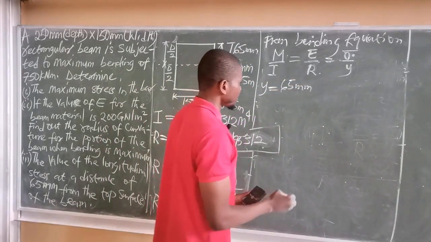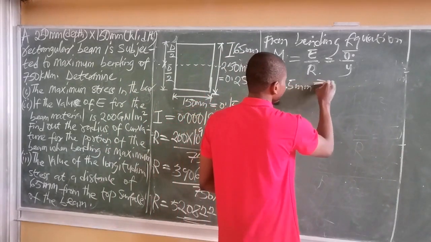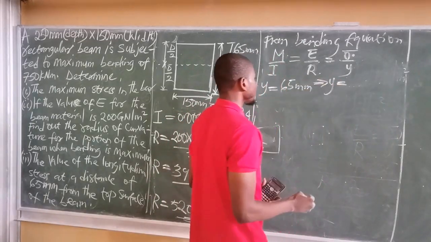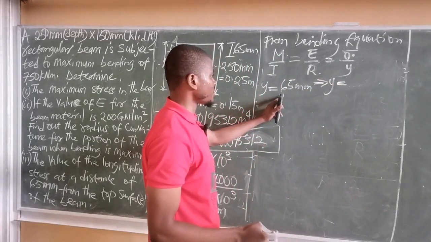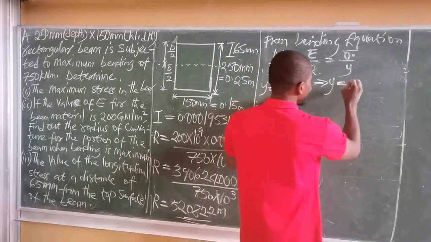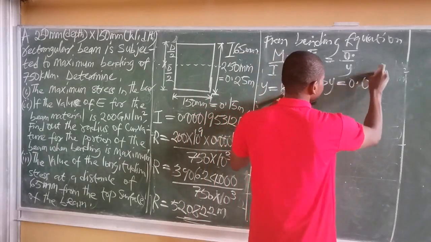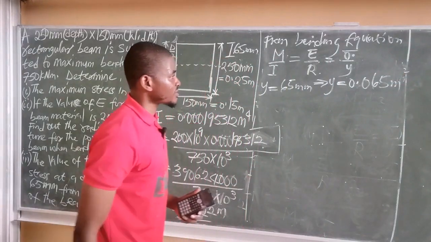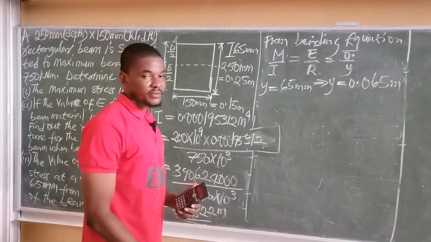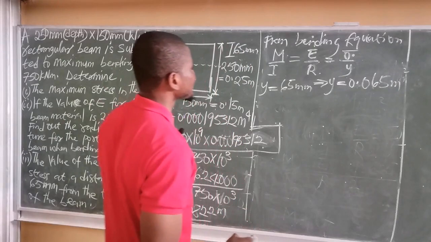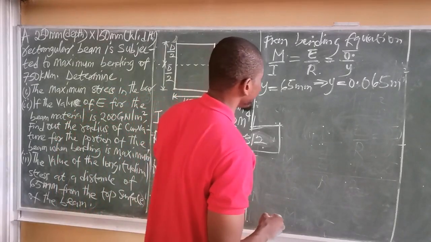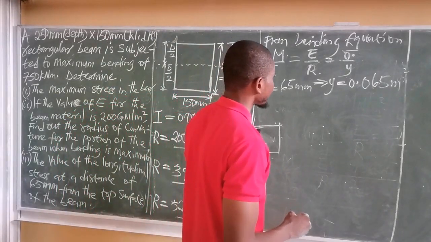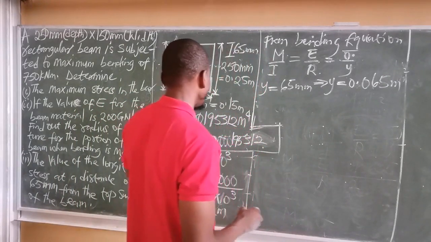If we convert this to meters, Y is equal to 65 divided by 1000, which gives us 0.065 in meters. That is the distance from the top surface.